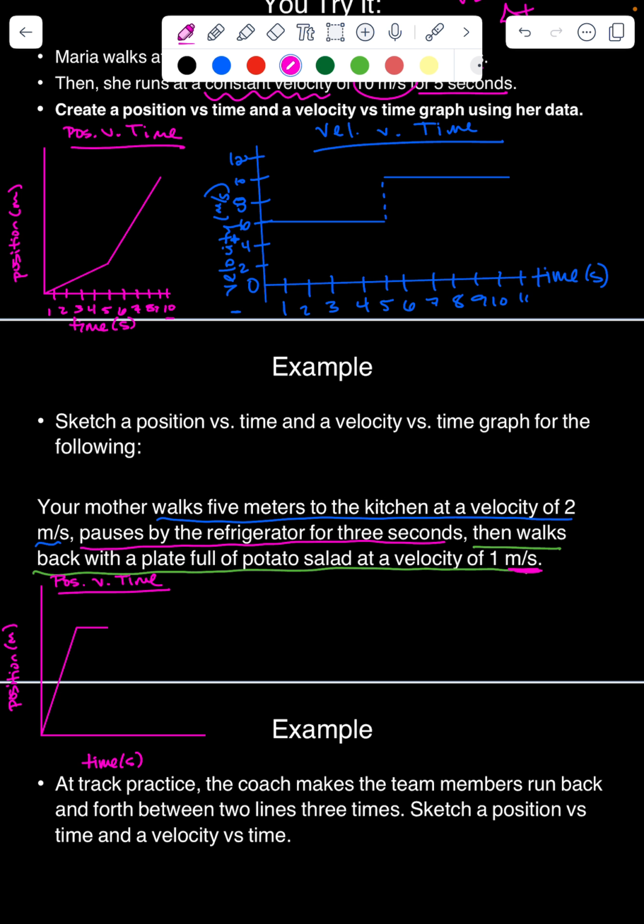So it's another constant velocity, another straight diagonal line. This time it's going to have a negative slope. And because it's going slower, it's going to be a less steep slope, which is kind of what we see right here. All right, so that is what our position versus time graph would look like.